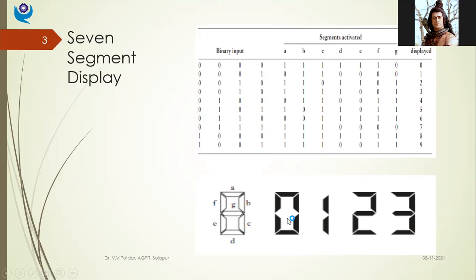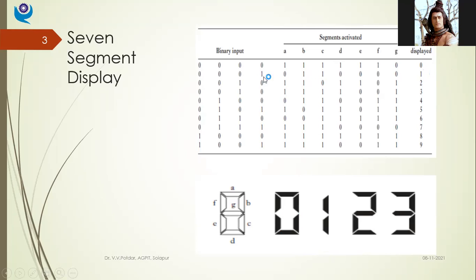So to display 0, what does it need to do? A, B, C, D, E, F, apart from G, the remaining 6 segments are energized. So A is on, B is on, C is on, D is on, E is on, F is on, only G is off. So what will it display? 0.